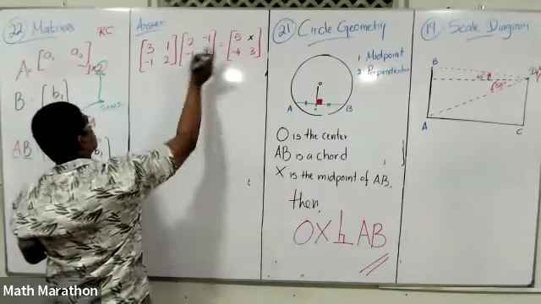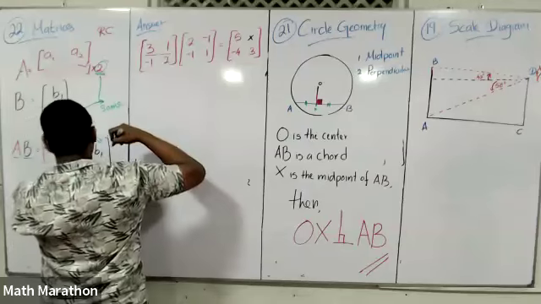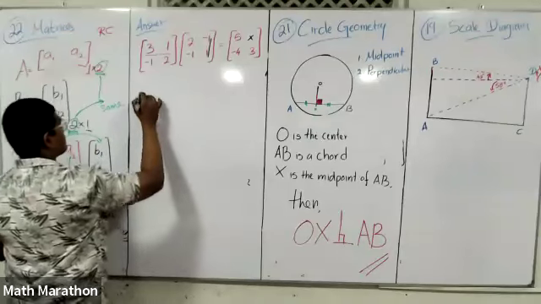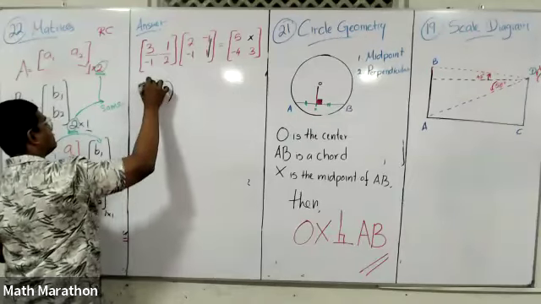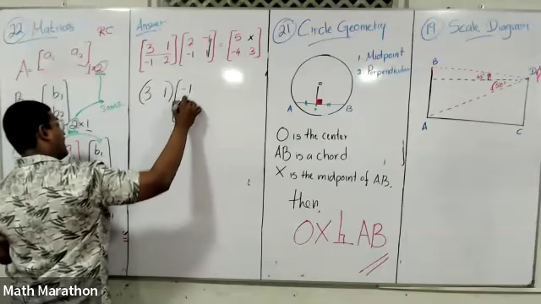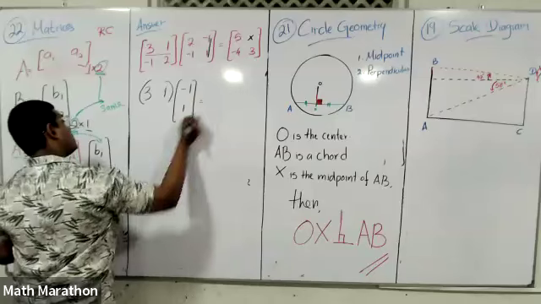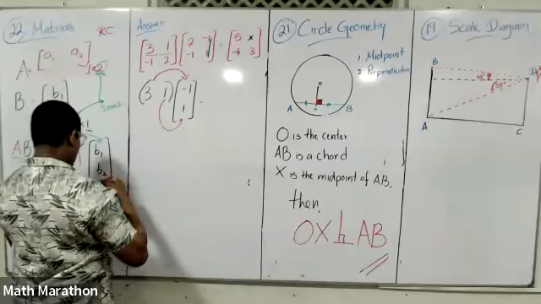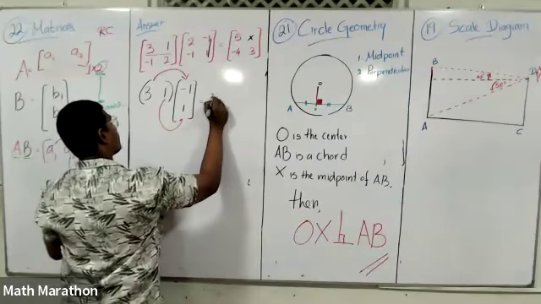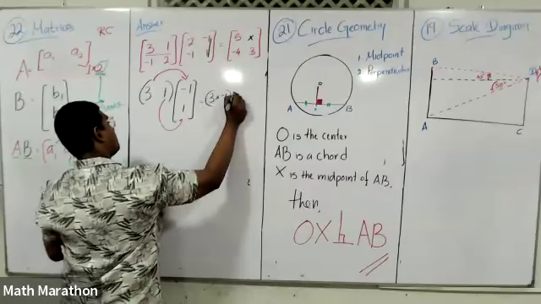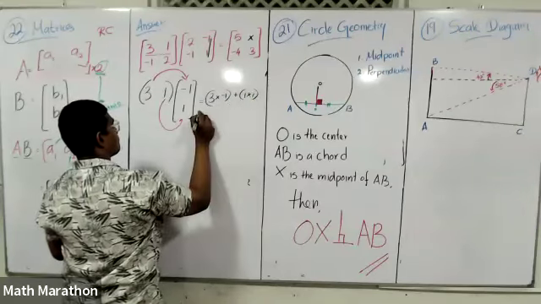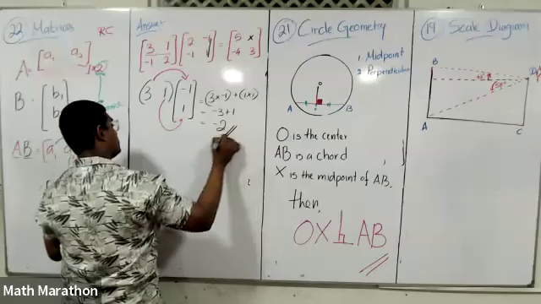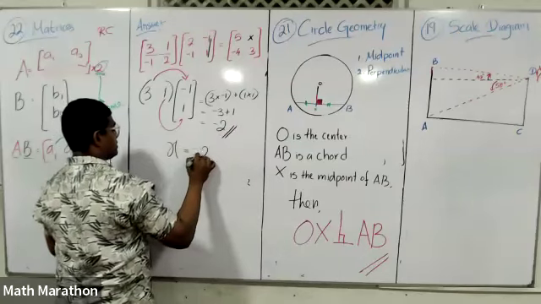To find this value, I need to multiply the number of rows here and the number of columns here. So what I should multiply is 3, 1 and minus 1, 1. 3 into minus 1, 1 into 1. Plus 1 by 1. Minus 3 plus 1, answer is minus 2. So x equals minus 2.